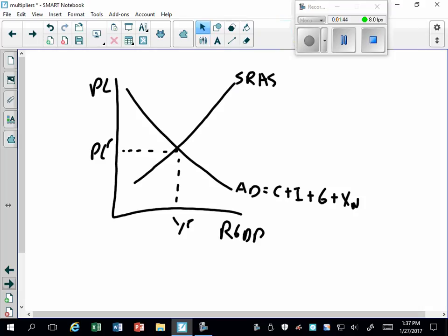Fiscal policy is really going to focus on C, a little bit on I with business taxes, but mainly C and G are going to be the influence there. And the direct stuff is going to be government spending.